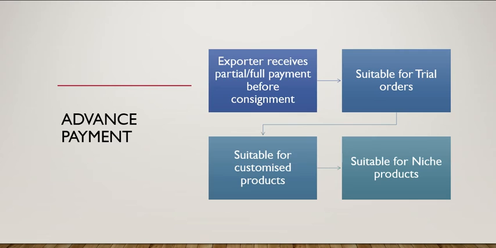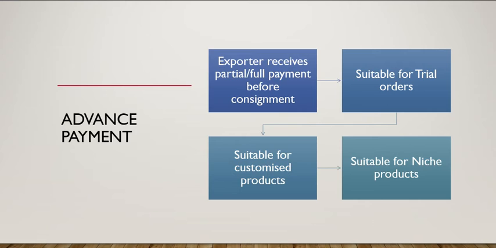So first we shall see the advance payment method. What is advance payment? As the name implies, the buyer will pay you as soon as they place the order with you. Advance payment is possible even for new exporters when you choose a niche product or customized product, or it is a trial order.